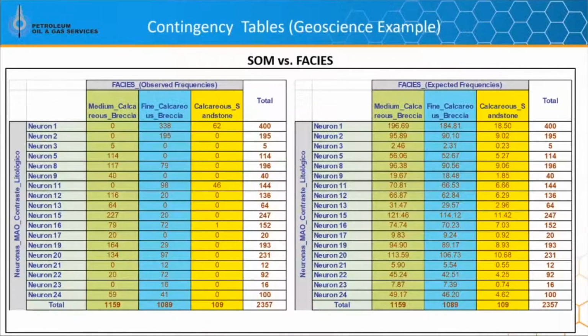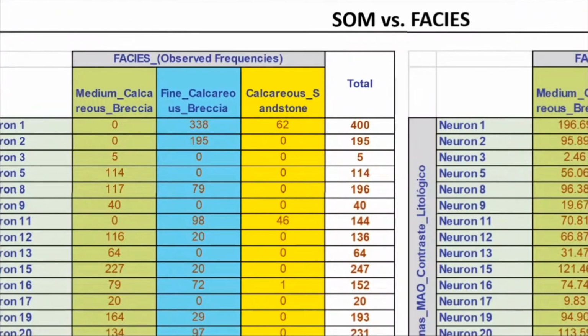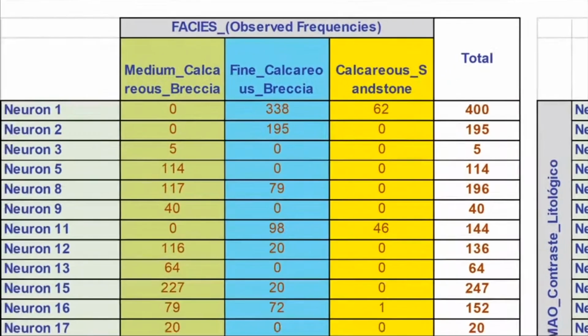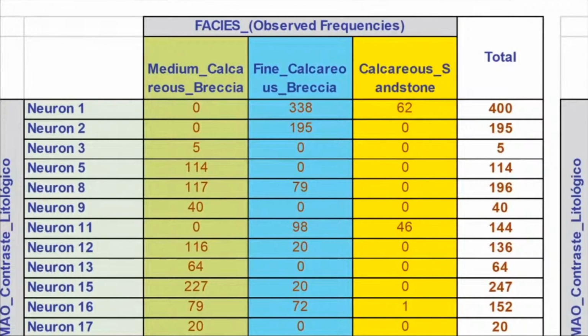So these contingency tables represent the facies by neuron. In this example, you have at the left the observed frequencies, and the best properties facies in this reservoir are medium and fine calcareous breccia.